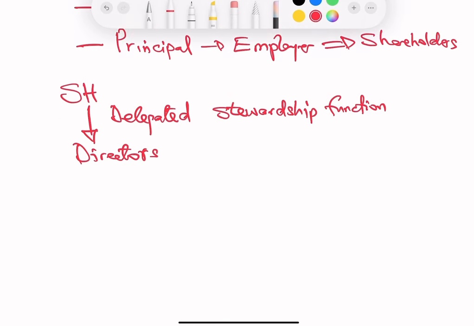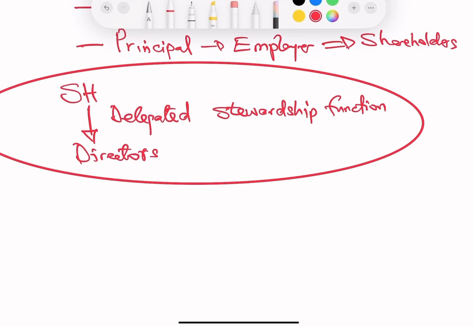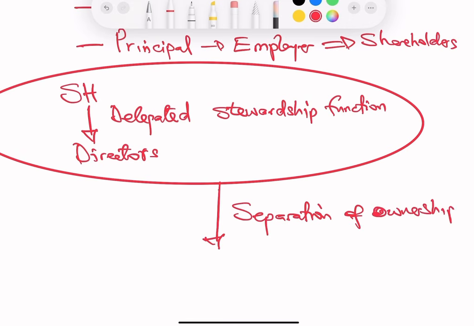And once this delegation is done, what you see is what I call the separation of ownership and control. Because remember, the owners are the shareholders.